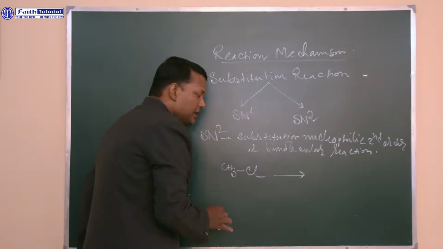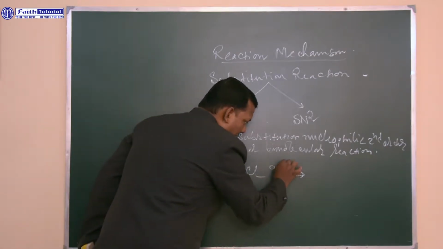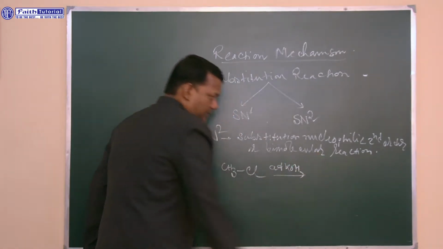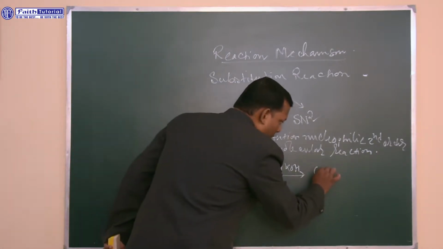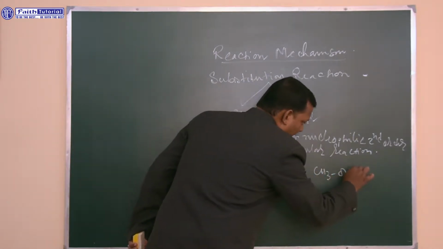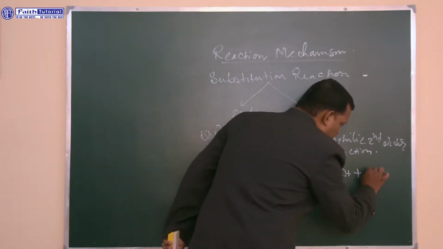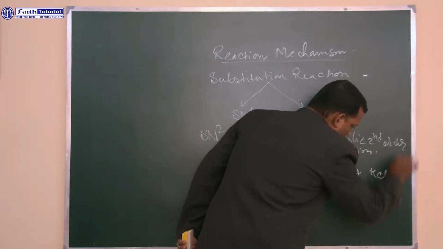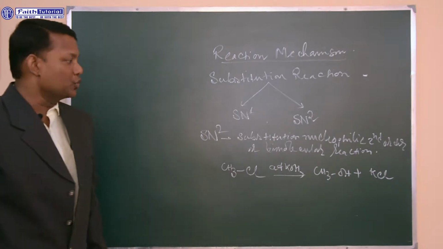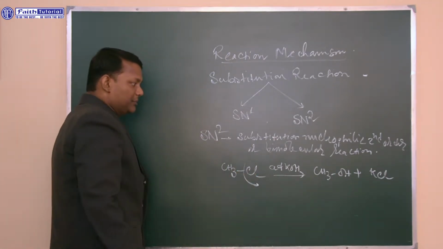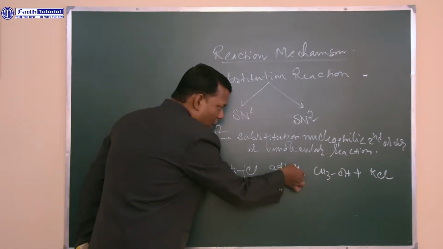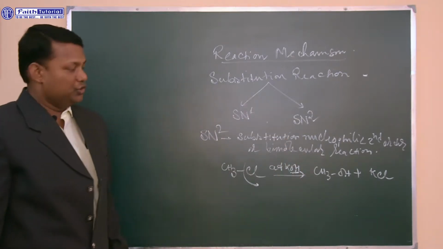When methyl chloride is treated with aqueous KOH, substitution will occur. Your substituted product will be methyl alcohol plus KCl, potassium chloride. In this reaction, the chlorine atom is substituted by the OH of KOH.